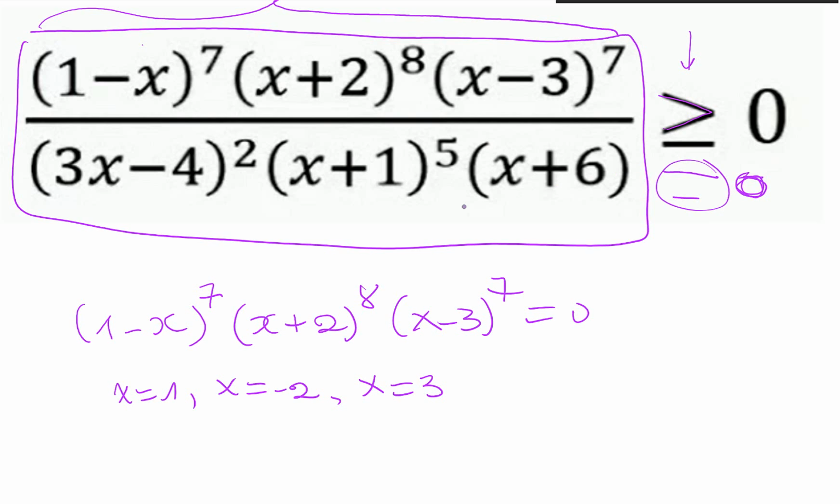Then let's think about the case when this expression is greater than 0. It means positive. Those are multiplications.